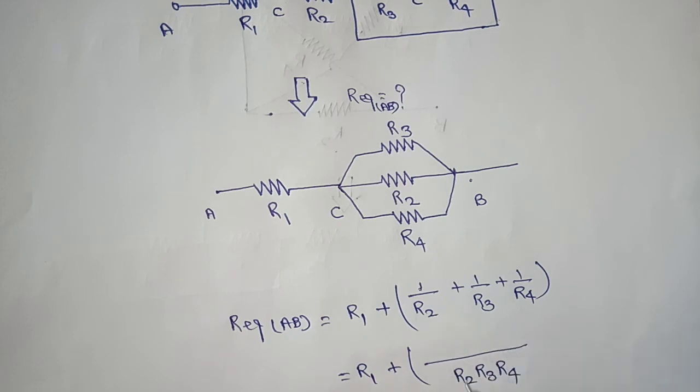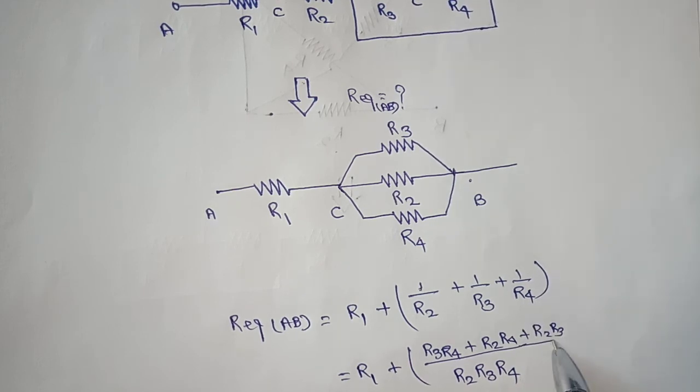We have taken the LCM here. Means R2, R3, R4 over R3 R4 plus R2 R4 plus R2 R3. Yes or no? So R1 plus this one, it will go up when you're solving the parallel.